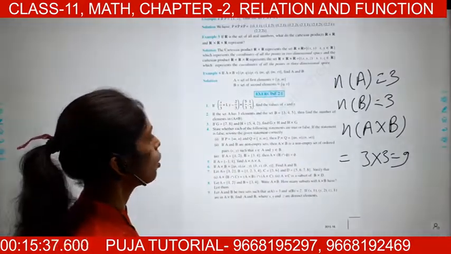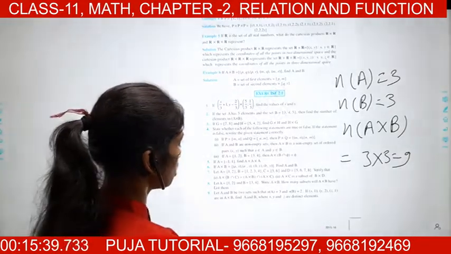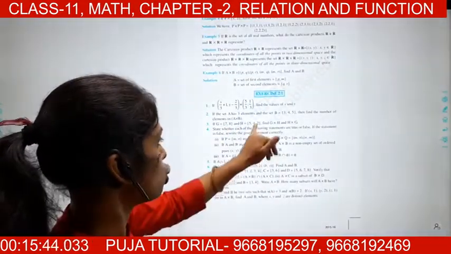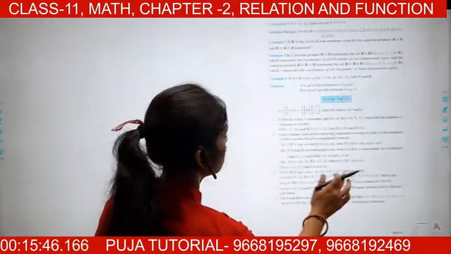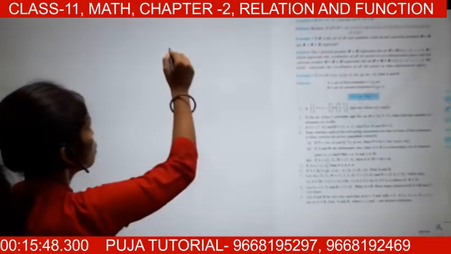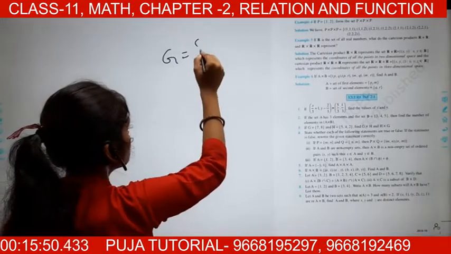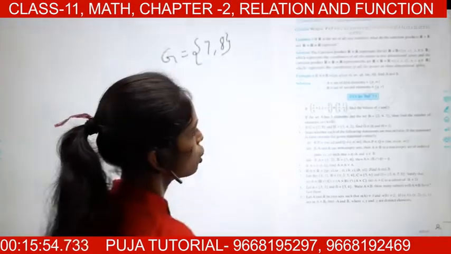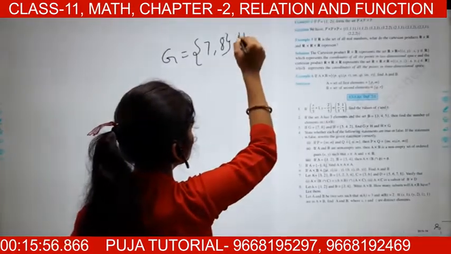Okay. Now next question: G is equal to 7, 8 and H is equal to 5, 4, 2.